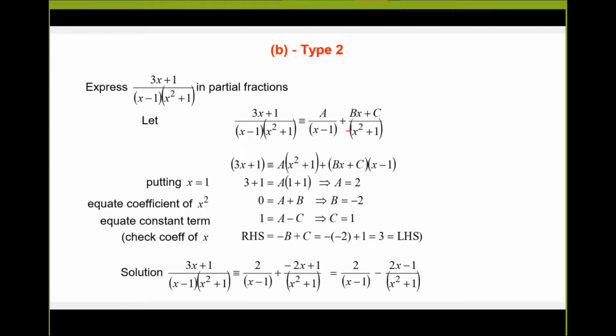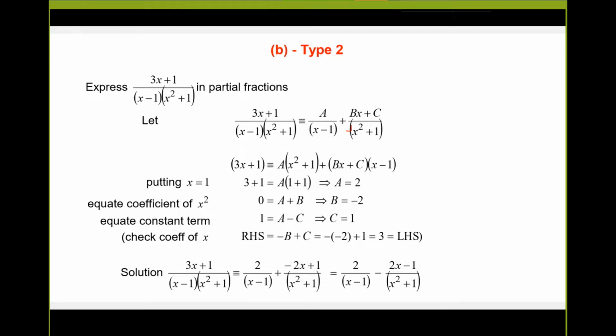So the first thing I'm going to do is plug in x equals 1, because that'll make all of this equal to 0, and 0 times bx plus c would still be 0. So I would be left with just a's. When I plug in x equals 1, that gives me 1 plus 1 times a equals 3 plus 1. Therefore, 4 equals 2a, or a equals 2.